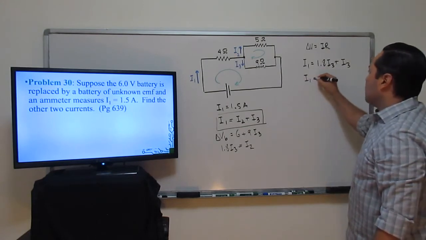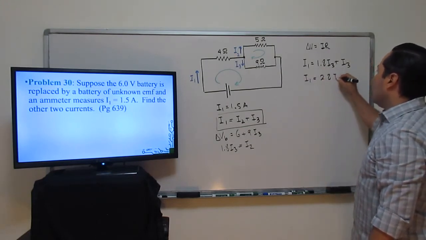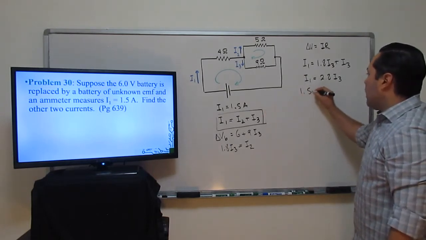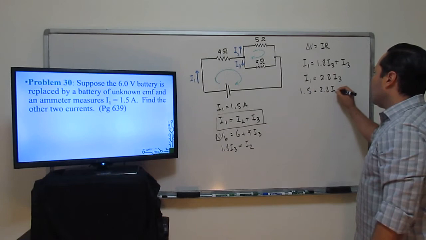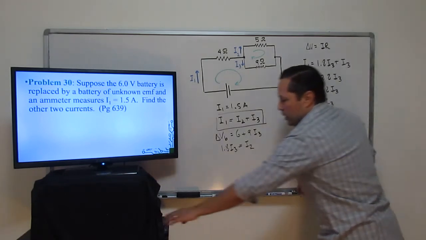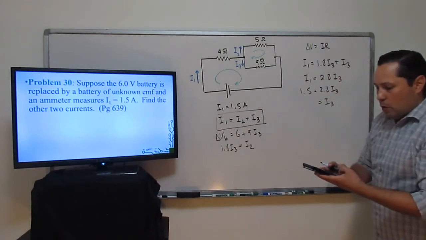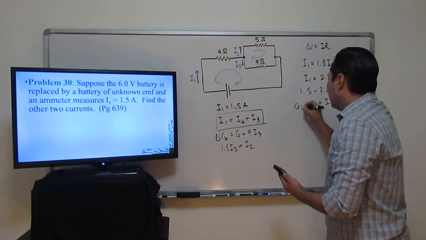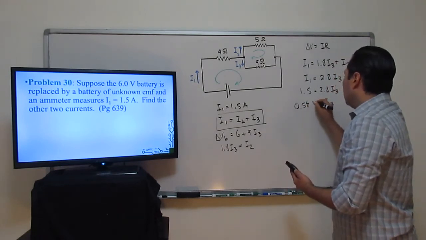So I1 is equal to 2.8 I3. And I know what I1 is. It is 1.5 equals 2.8 I3. So I'm going to divide both sides by 2.8. So it's going to be 1.5 divided by 2.8. We're going to round it off to 0.54 amps.